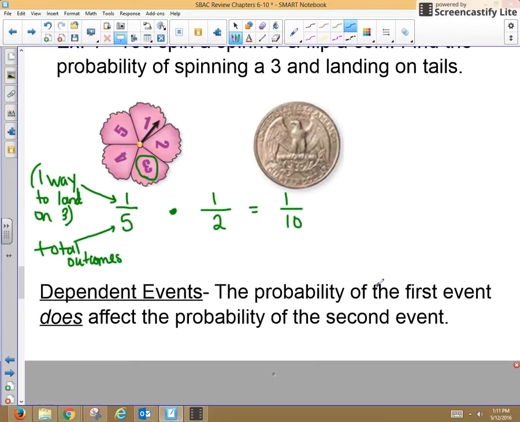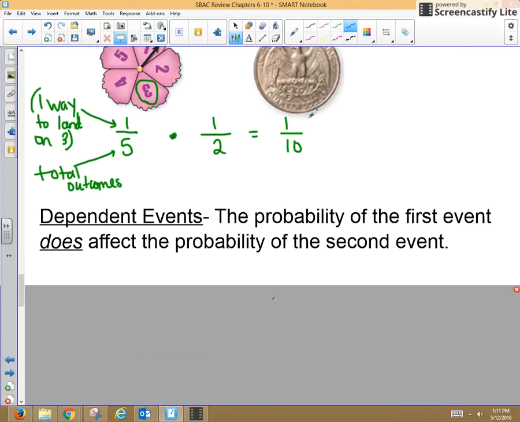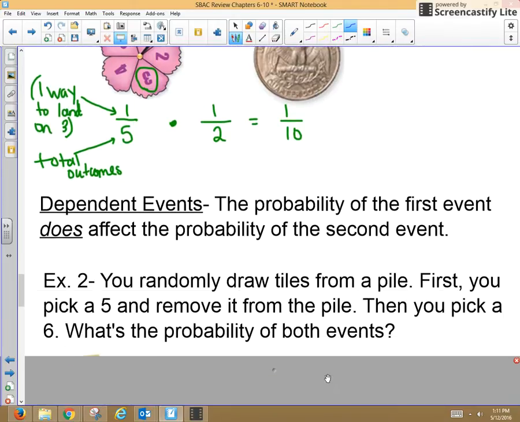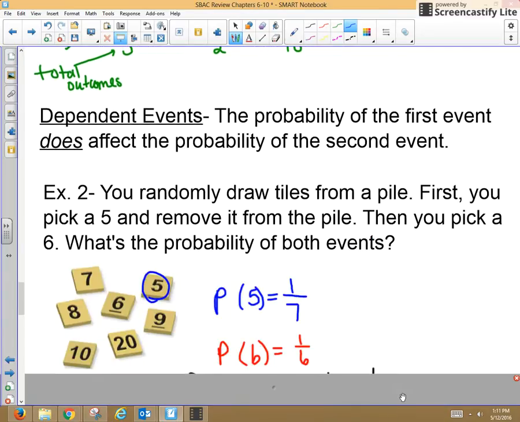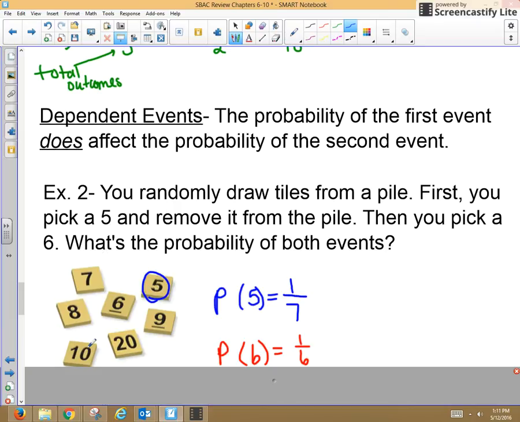Now, the next vocabulary is dependent events. And this is the opposite. This is where the probability of the first event does affect the probability of the second event. So in this case, think about drawing tiles. If you had number tiles, for example, like the one here, and first you pick a 5, and then you remove it from the pile.